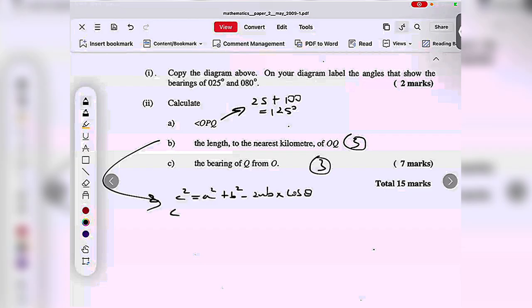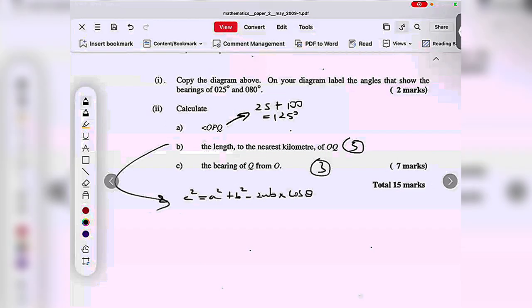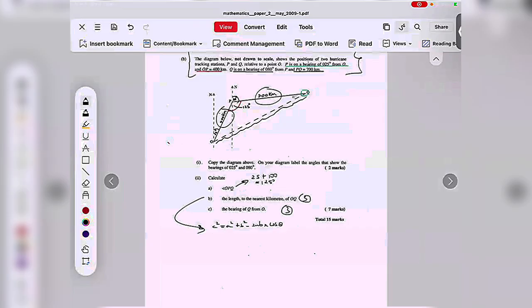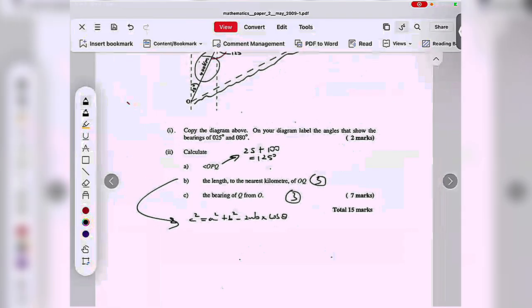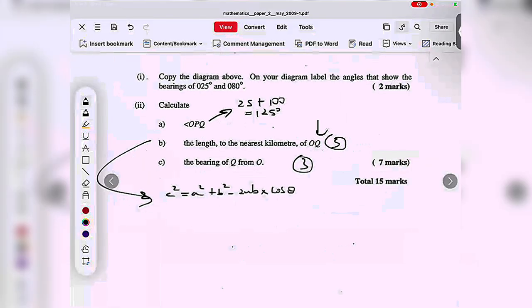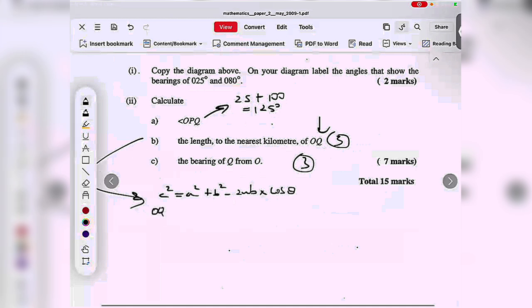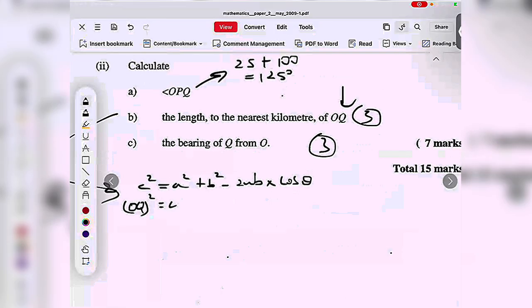So what side is going to be your c? The unknown side is c, which in this case is OQ. So OQ squared is equal to 400 squared plus 700 squared minus 2 times 400 times 700 times the cosine of 125.